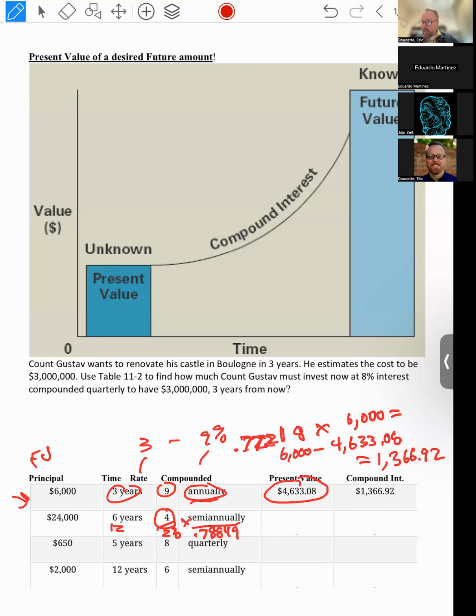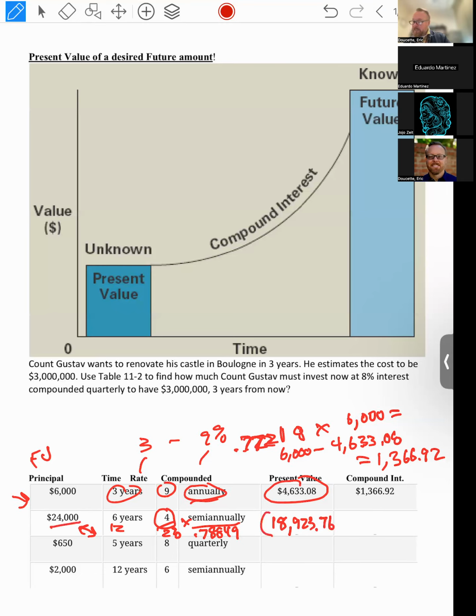If I multiply my future value of 24,000 times 0.78849, that equals a total present value of 18,923.76. So 24,000 is what I'm hoping to have in 6 years.